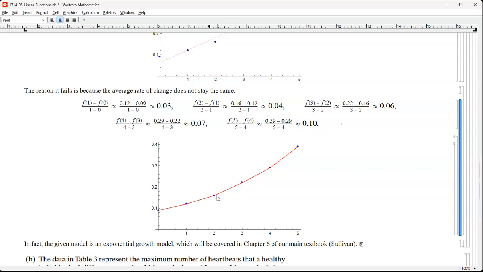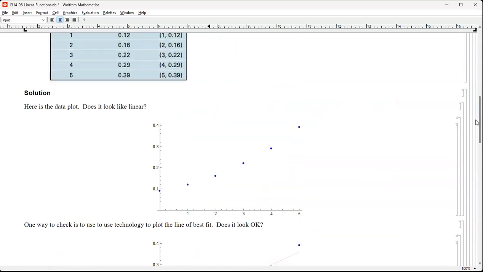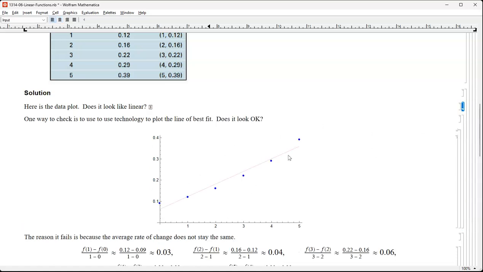So if you join each, then we have line segment, line segment, line segment, and clearly the slope is getting bigger and bigger and bigger. This is not a linear model. This cannot be modeled by a linear function. Just by looking at it, it was a bit hard to tell. This looked actually okay because if you just look at the absolute errors, they don't look too bad.